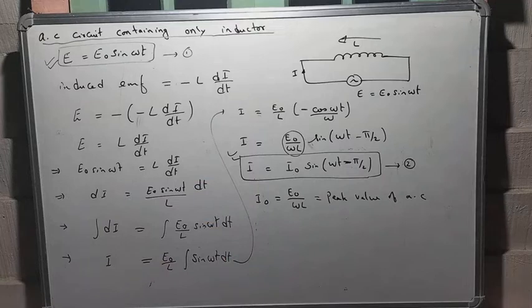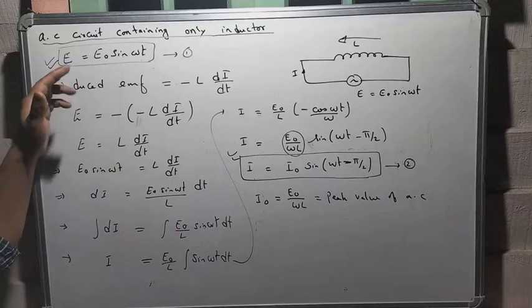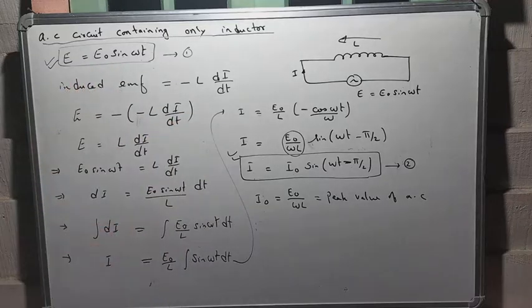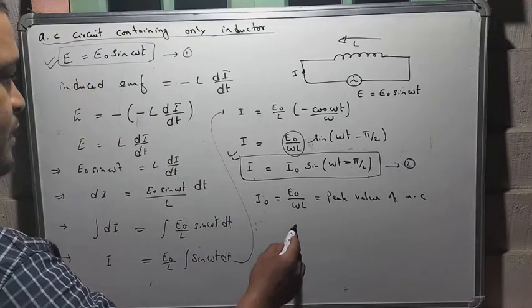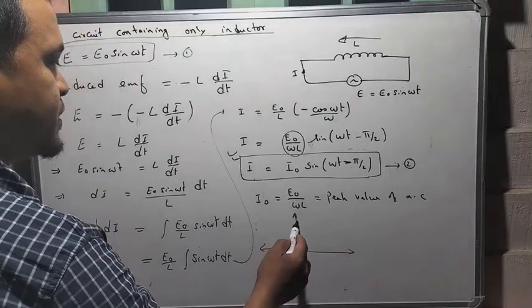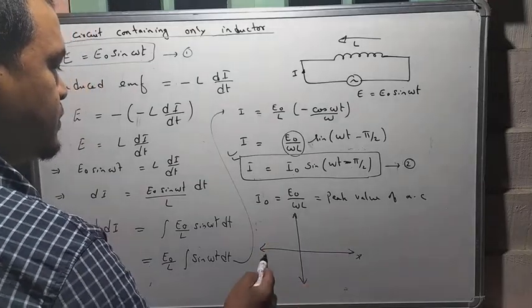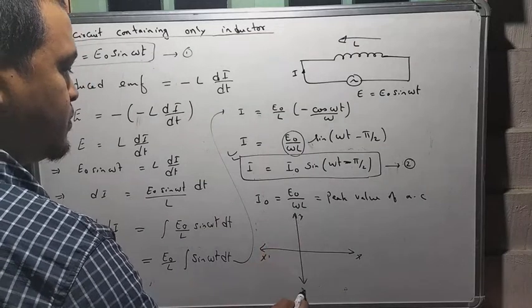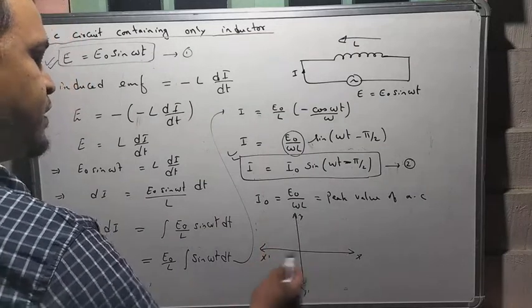Because it is lagging by a phase difference of pi by 2, if you represent the two waves using a phasor diagram, you will get a diagram like this. This is my coordinate axis, in which x dash is the reference line.